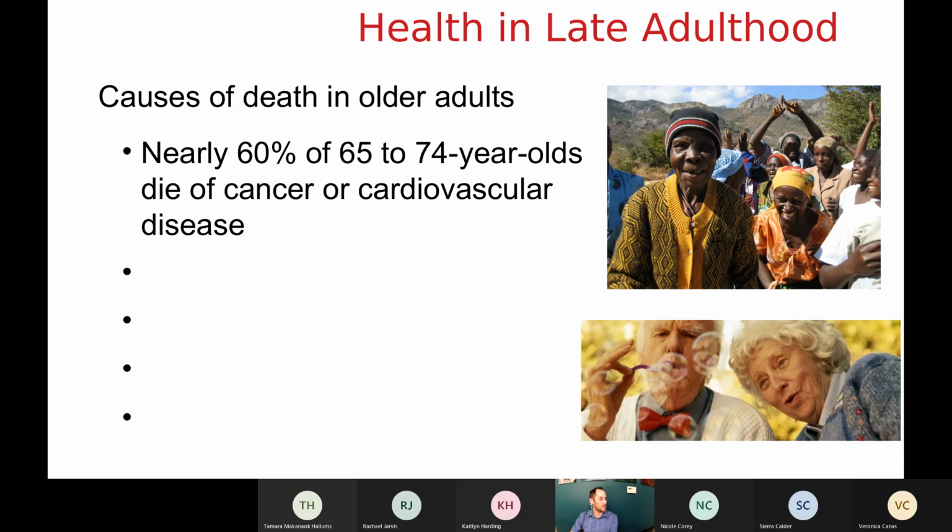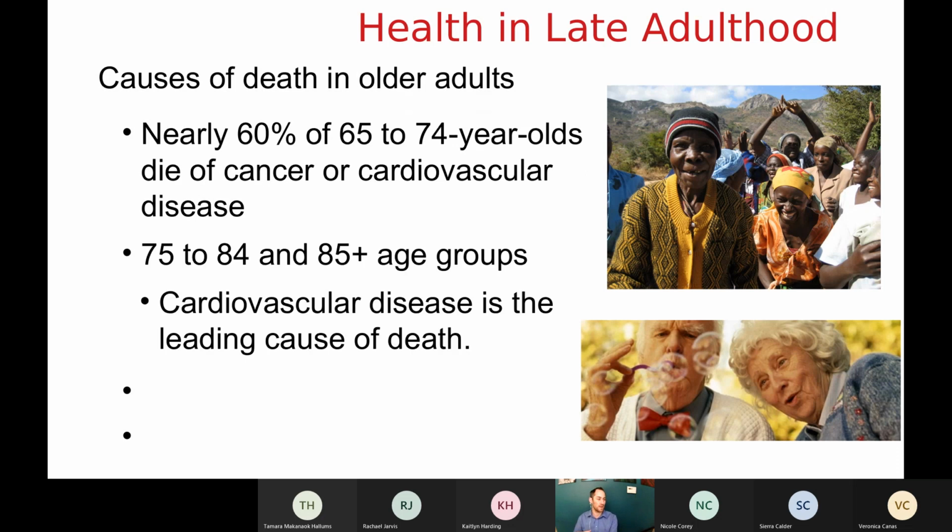All right, so with this, a lot of older adults are dying of cancer and cardiovascular diseases. Those are two of the most common causes. So cardiovascular diseases can be prevented a little bit by proper diet, exercise, things like that. That's also relevant for cognitive factors.